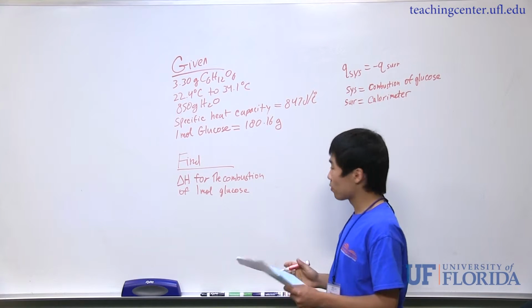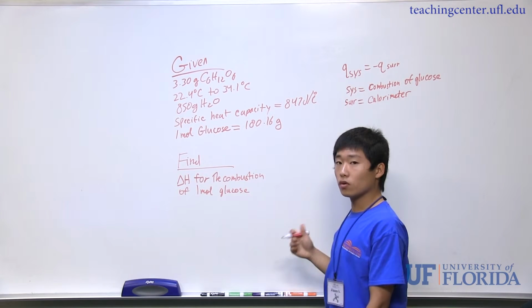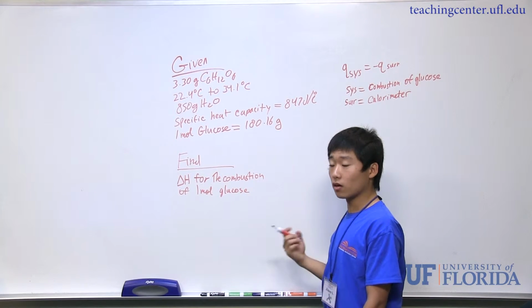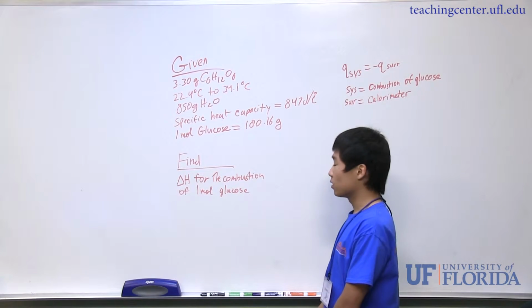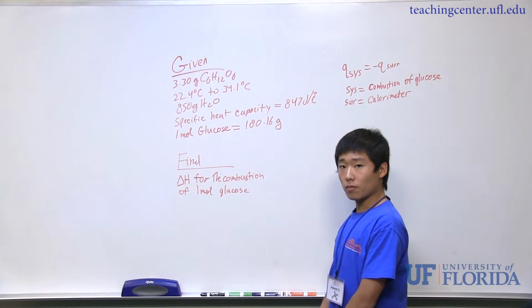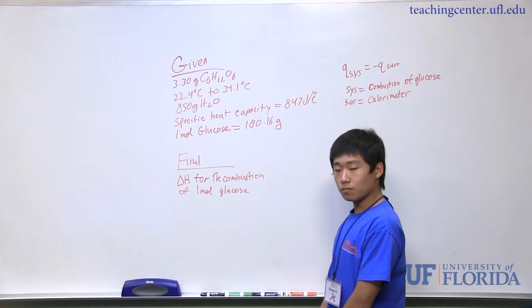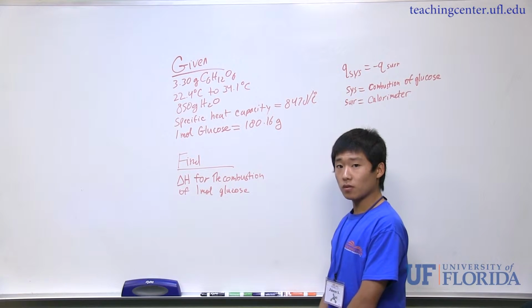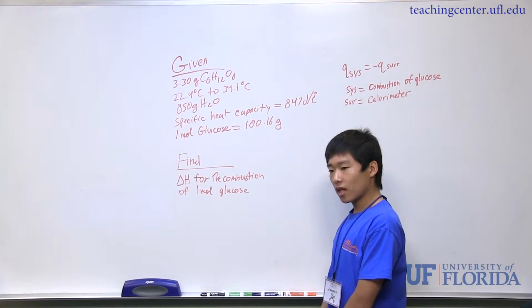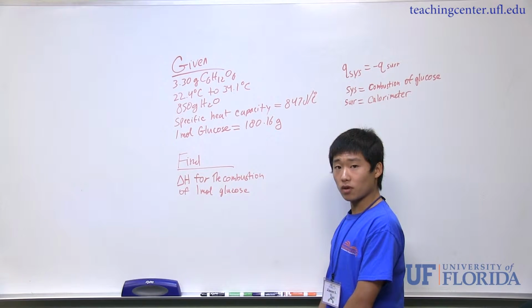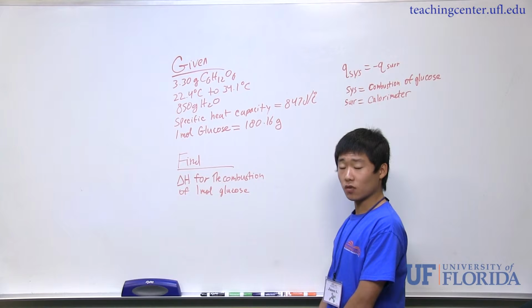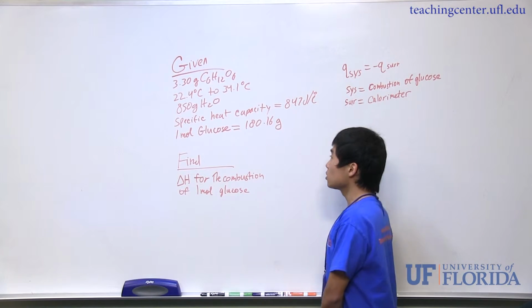Now, if you guys remember, Q equals negative MCΔT, or MCAT, as my teacher would say. However, this is a bomb calorimeter question, so we have not only the water to deal with, but also the bomb. If you remember, the mass of the calorimeter itself does not matter, but the specific heat capacity and the change in temperature do.